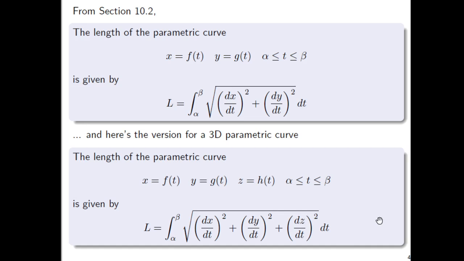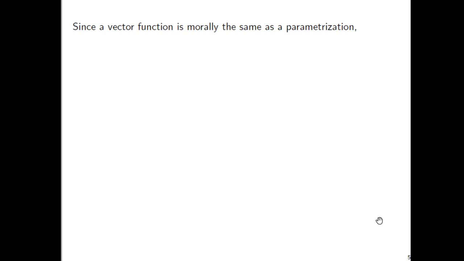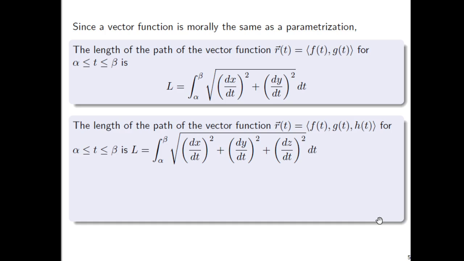But the point is, if these are the formulas for the lengths of parametric curves in 2D and in 3D, then the same, at least in principle, holds for vector functions, which you could think of as being a parameterization, morally speaking. So if you have this vector function, r of t is f of t comma g of t, well, it's literally the same formula, right? I get that a vector function, if you think in function-like language, you put in an input and you get an output, and the output happens to be a vector.